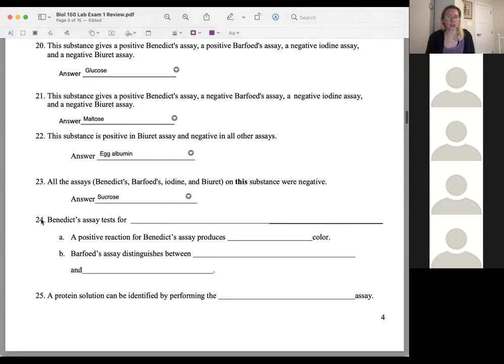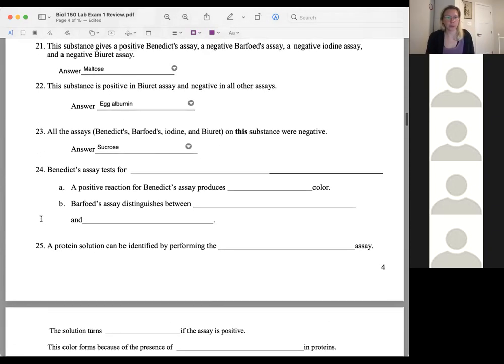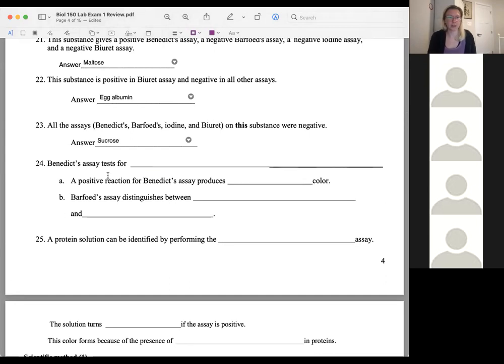So the next few questions give us just a little overview of some of these assays. The Benedict's assay, what does it specifically test for? Reducing sugar. Right, this is our reducing sugar reagent test. A positive reaction produces what kind of color?